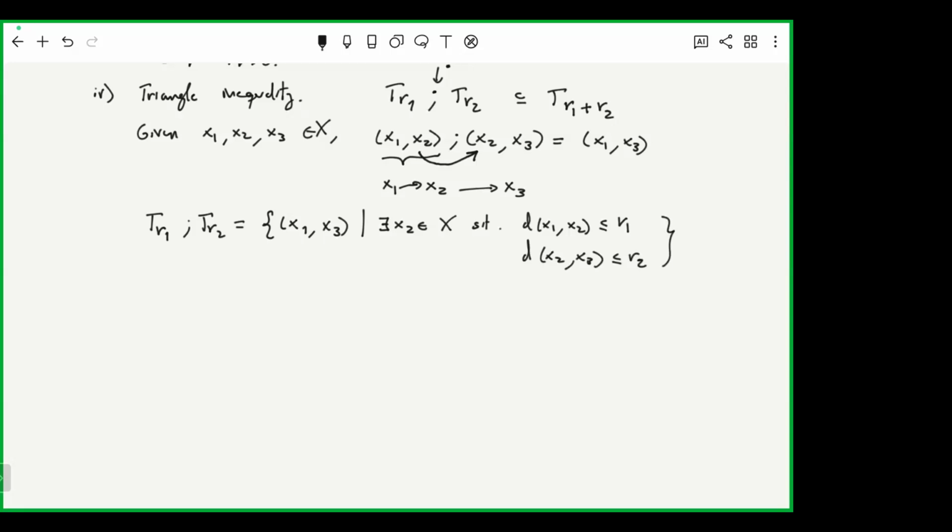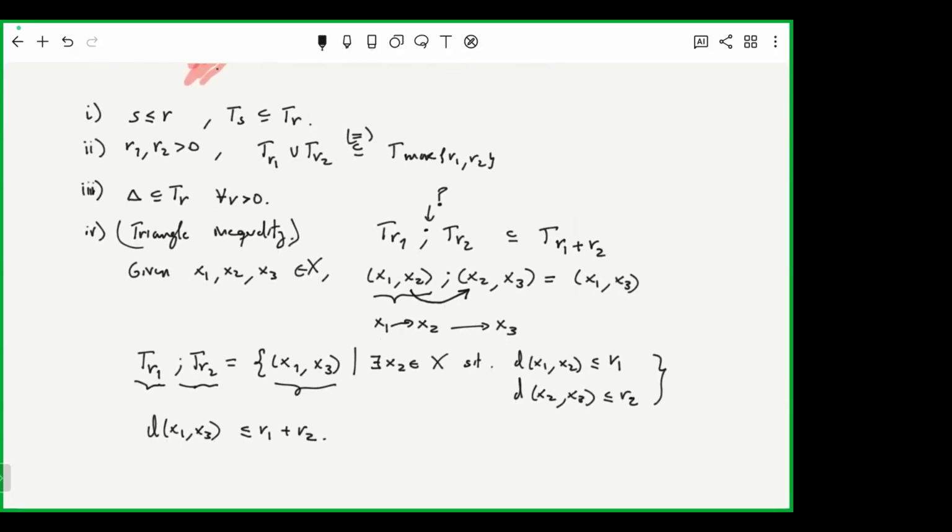So it's all possible compositions of a pair here and a pair here, you see? Now by the triangle inequality, the distance from x1 to x3 is at most r1 plus r2, giving us this inclusion.